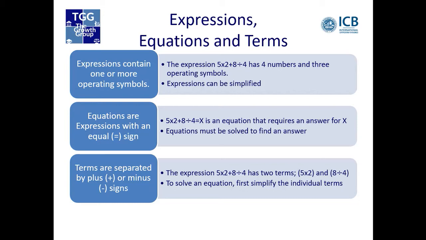In fact, there is only one plus sign. If we take whatever is on the left of that plus sign and whatever is on the right, we see that this expression has 2 terms, being 5 times 2 and 8 divided by 4. And to solve an equation, we must first simplify the individual terms.